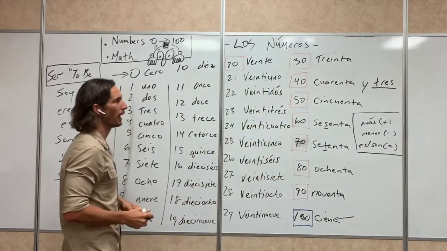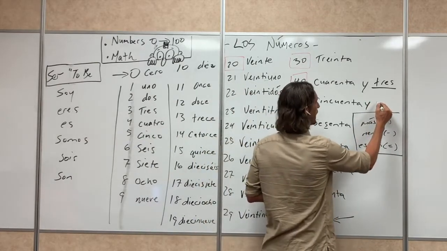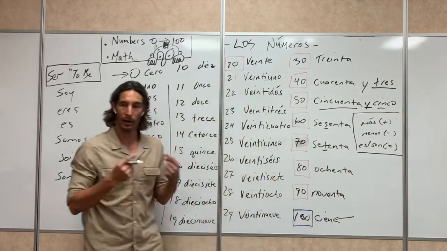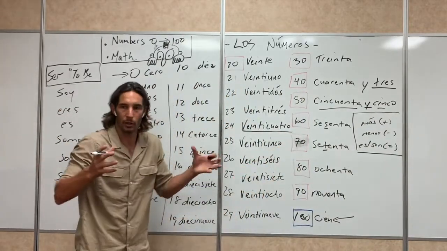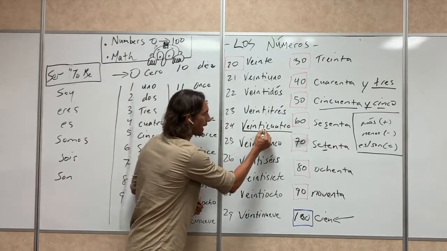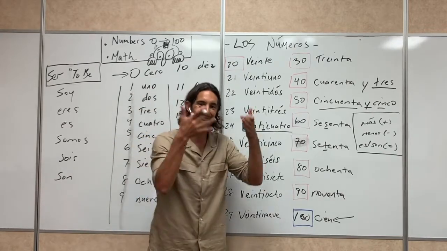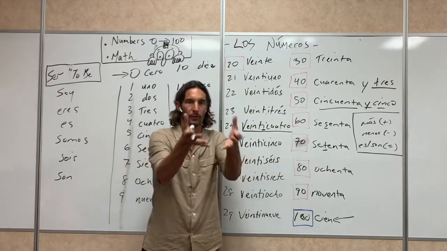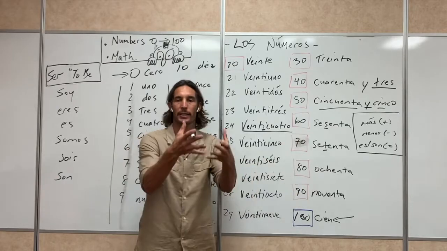And so 55, for example, would become 50 y 5, and these are three separate words. Whereas in the 20s, as you can see, it's one complete word sort of squeezed together, where instead of a y, you have an i, right? And so instead of it being 20 y 4, it's 24. So it's one word, sort of what was probably historically three words squeezed into one.